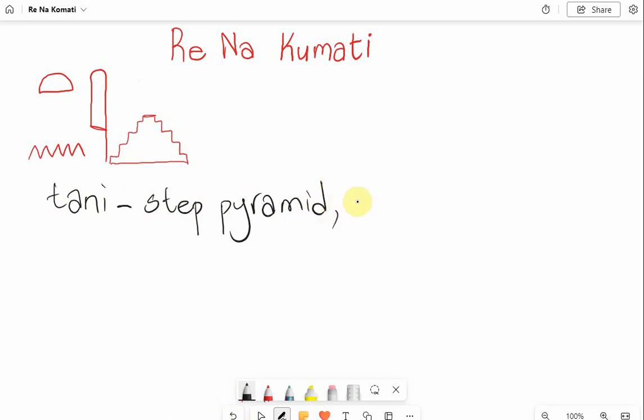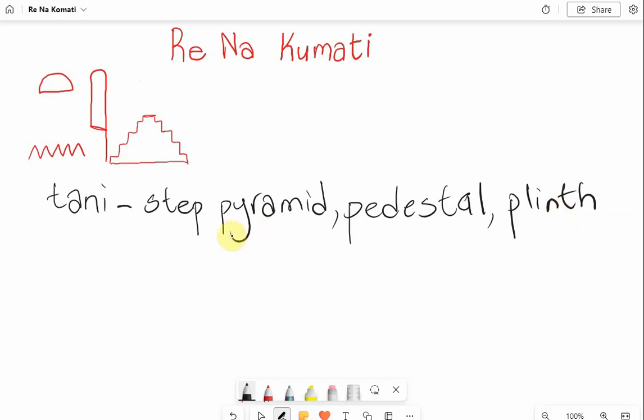But it is also a pedestal, or a plinth. That's what it is. So what are called pyramids in Central and South America, in our ancient Egyptian language, we call them dani, meaning a pedestal or plinth or a step pyramid.